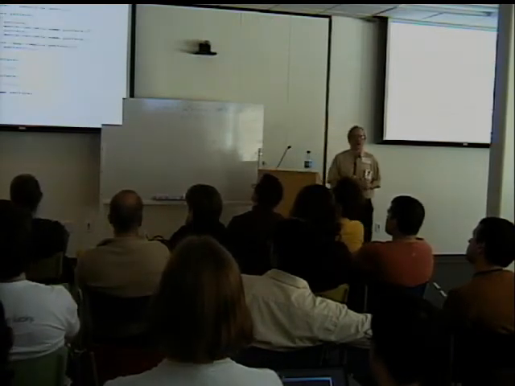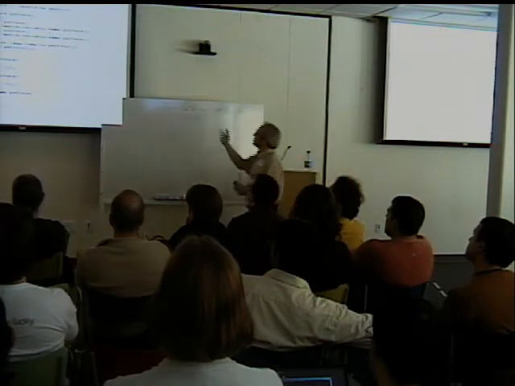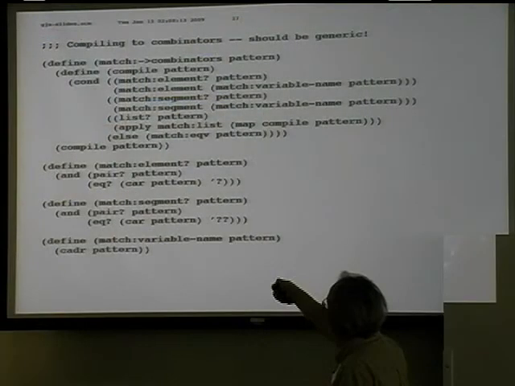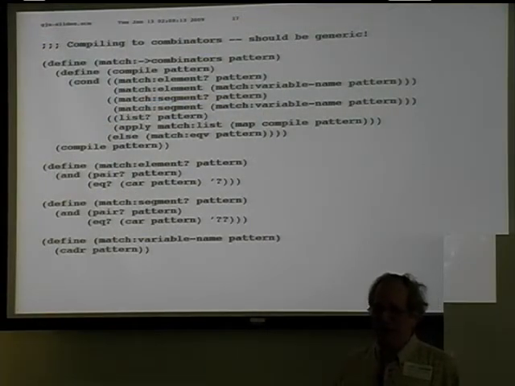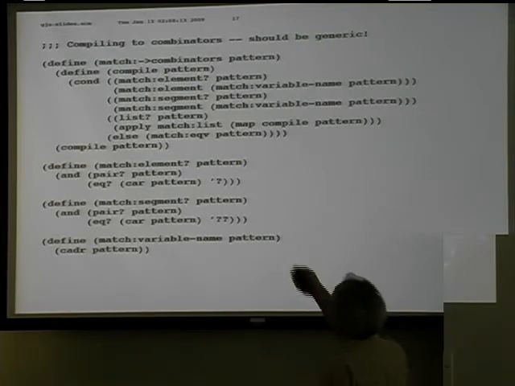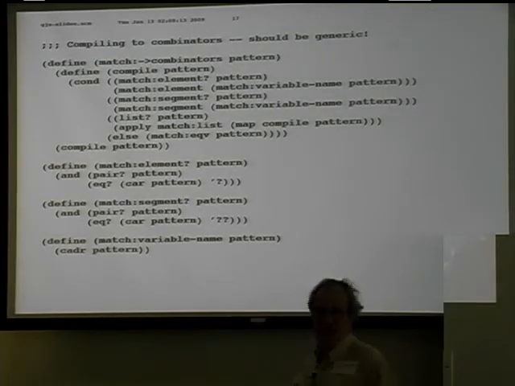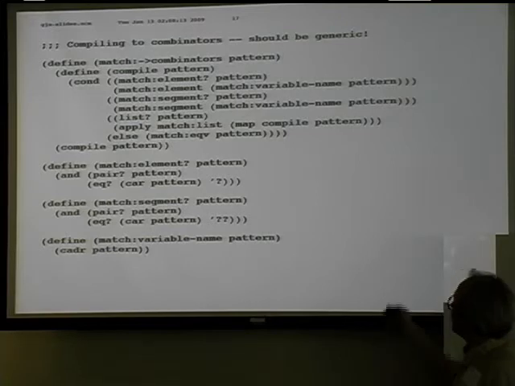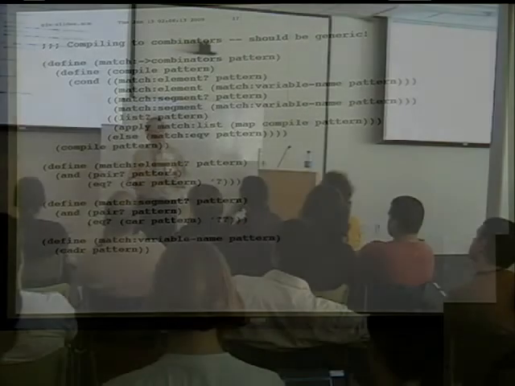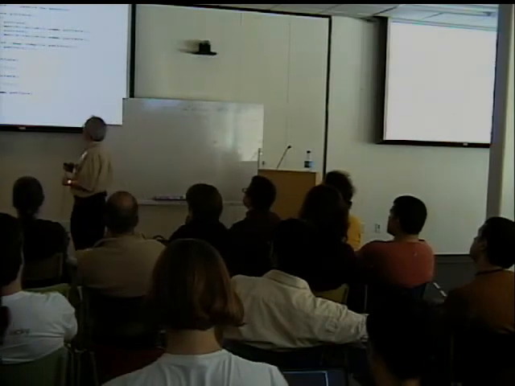Now here's the neat thing. Real compilers should be generic. This should not have a dispatch table written in it as an explicit conditional. You saw yesterday the advantages of not doing that. I've done it here only because it fits on this slide. Once you do it generically, you can extend it to any number of things you might want, which is the right thing to do. You might want to invent new kinds of pattern match elements.